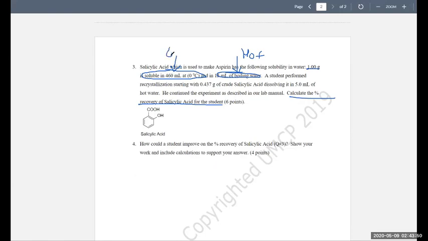So you want to keep what does dissolve here and what doesn't dissolve here once again. And then here you want to make sure you don't add too much solvent. You can add more solvent to make sure everything dissolves. Yeah, so questions like these might be important to note.